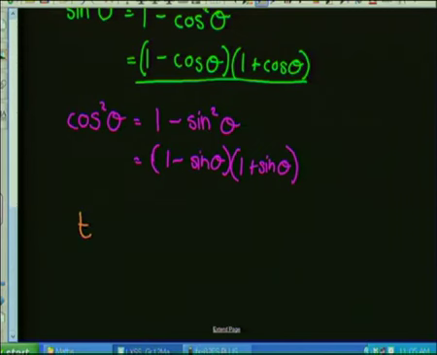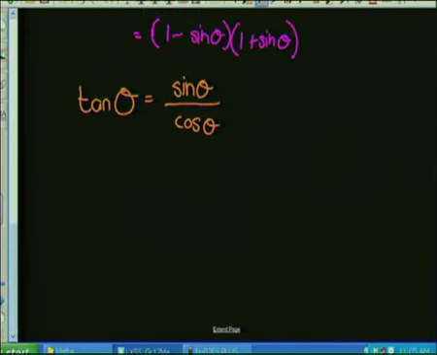Now let's look at the other identity that we learned and worked with in grade 11, which is tan theta is equal to sine theta over cos theta, and the variations that we can work with on this one. We've been taught that tan theta has the same value as sine theta divided by cos theta.